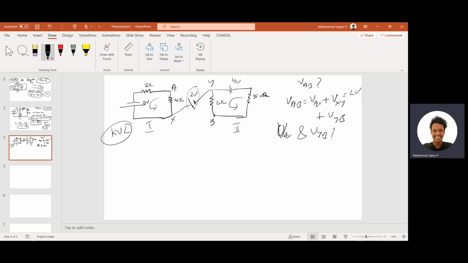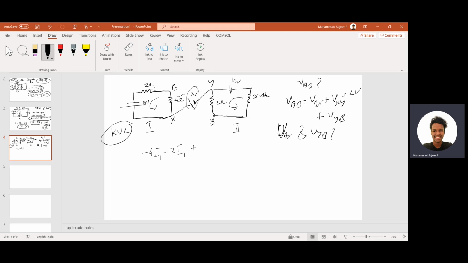Okay, so in the first loop, when I apply KVL, we have a 4 ohm resistor here. We will take that some current I1 is flowing through it. So minus 4 I1, then the current is going like this, so minus 2 I1 plus.